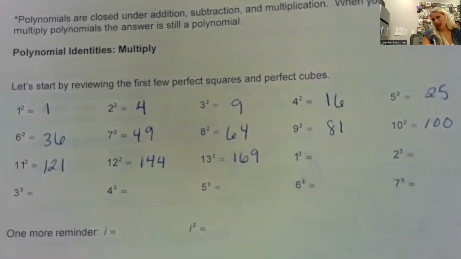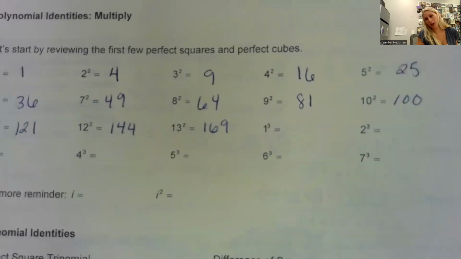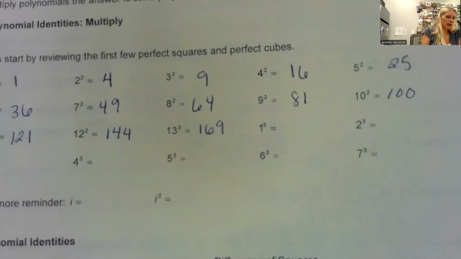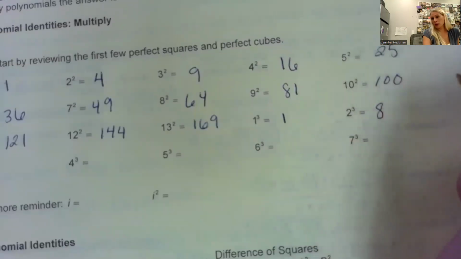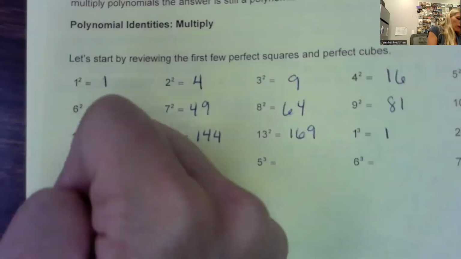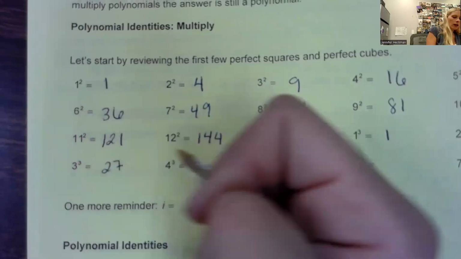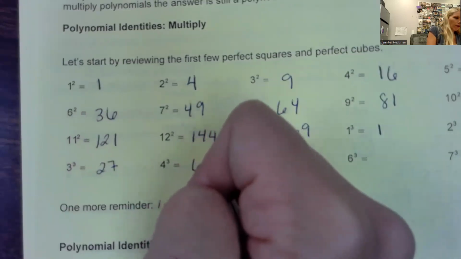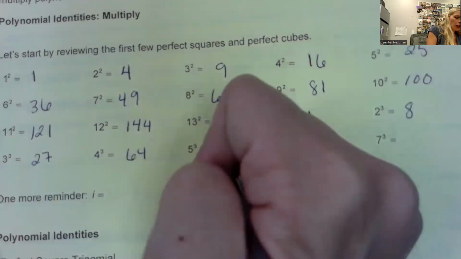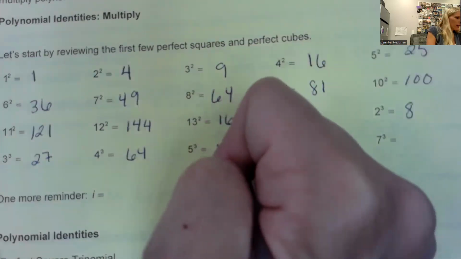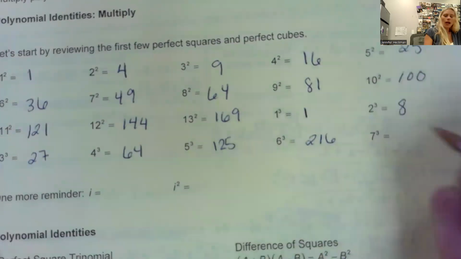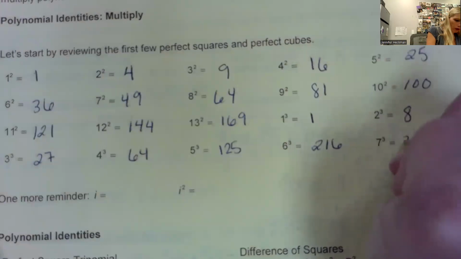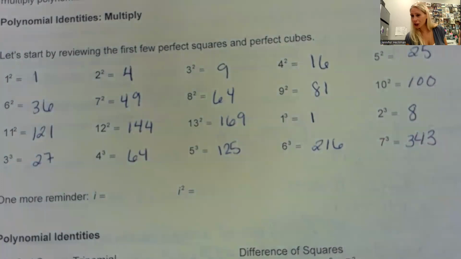And then we stop right there because we're not going to go crazy and do bigger numbers, but you can. 1 cubed is 1, 2 cubed is 8, so 2 times 2 times 2. 3 cubed is 27, 4 cubed is 64, 5 cubed is 125, and 6 cubed is 216. 7 cubed is 343. And no, guys, I do not know all these by heart. I have a cheat sheet right next to me.